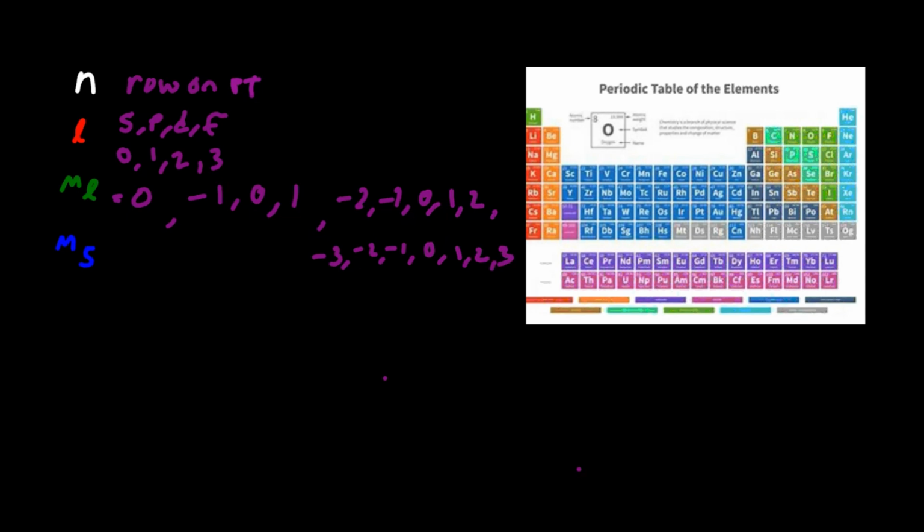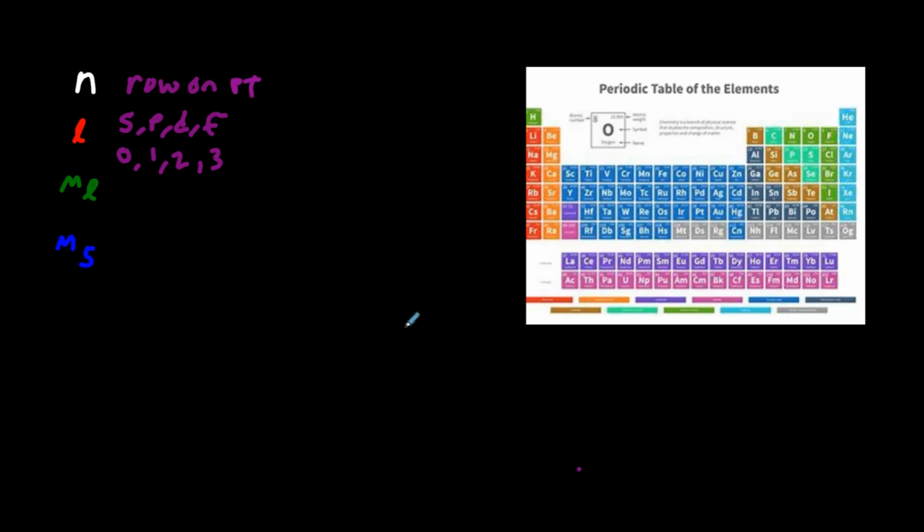And as you can see, S has 1 orbital, P has 3 orbitals, D has 5 orbitals, and F has 7 orbitals. So that's the conclusion that you need to draw from the ml value. It is essentially plus or minus the L value.